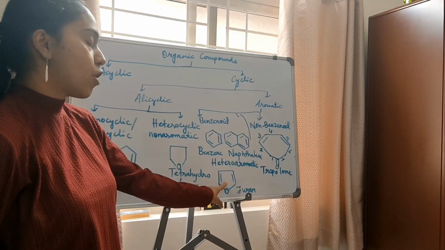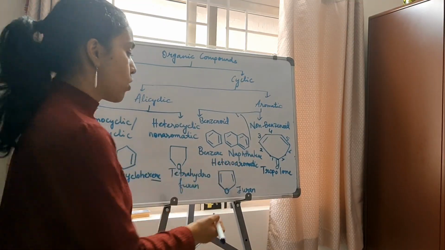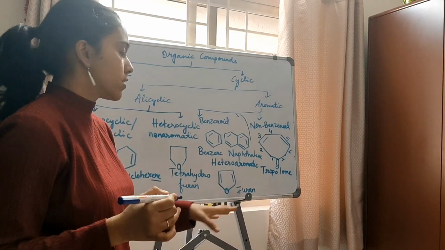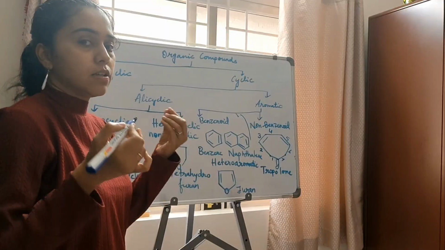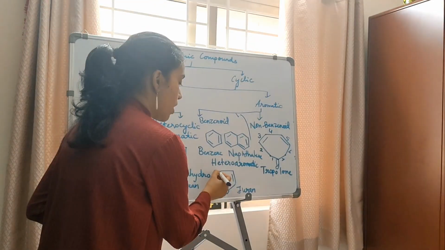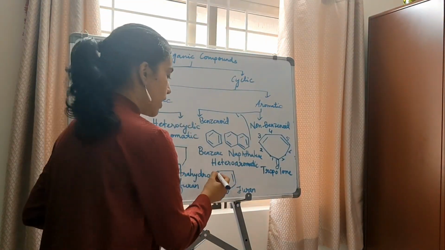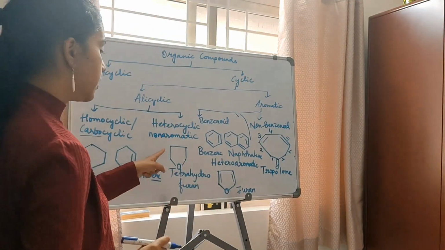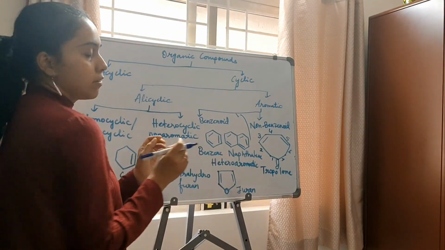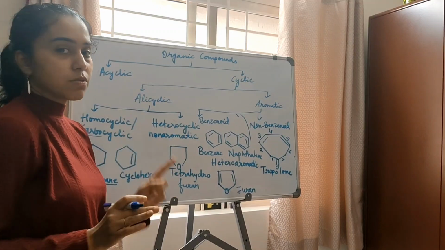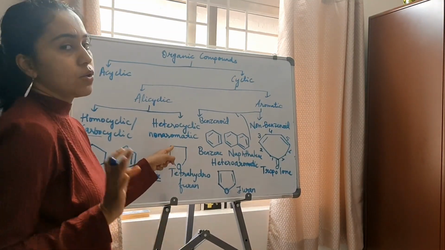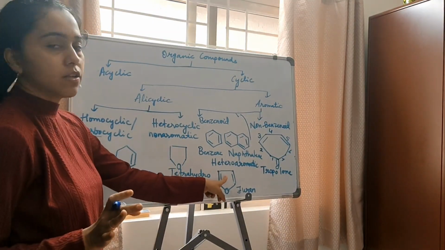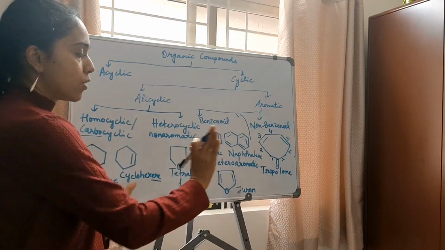So this is an example of an aromatic compound, and it is heteroaromatic because there is a heteroatom, that is, other than carbon, there is one different atom present. So in this furan, there are totally 4 carbon atoms, at the 2nd, 3rd, and 4th positions. Now if you see this and this structure, both are a 5-membered ring to which oxygen is attached, but the only difference is here there are no double bonds, all are single bonds, whereas here you will have 2 double bonds.